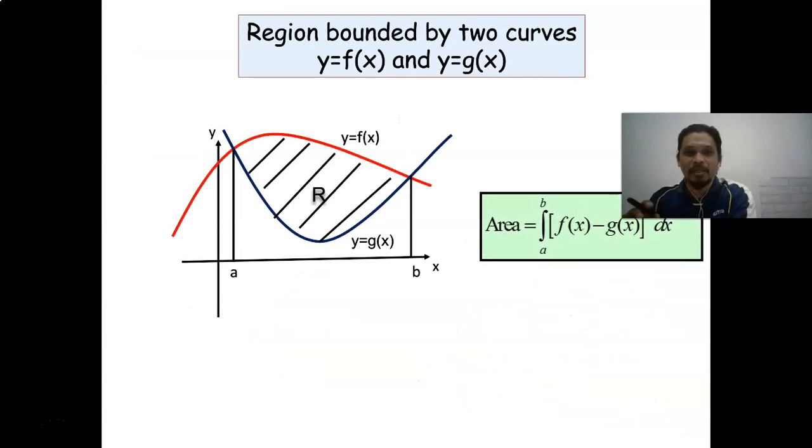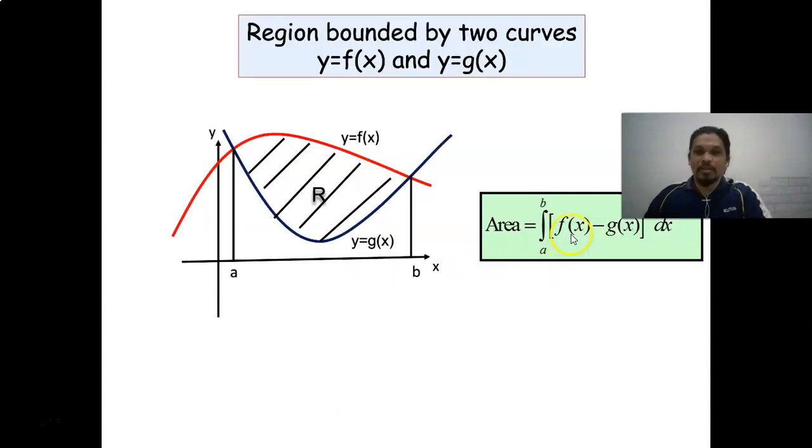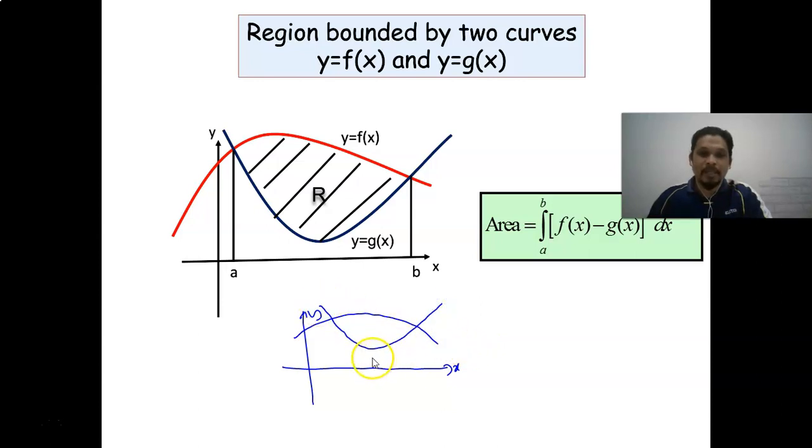So the region bounded by the curves of f(x) and g(x). So in this case, class, f(x) minus g(x), because if I sketch this, okay, the graph of the red, and then this is the blue one here. The intersection points between these two are where x equal to a until x equal to b.